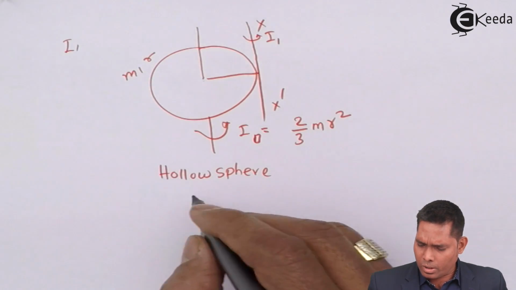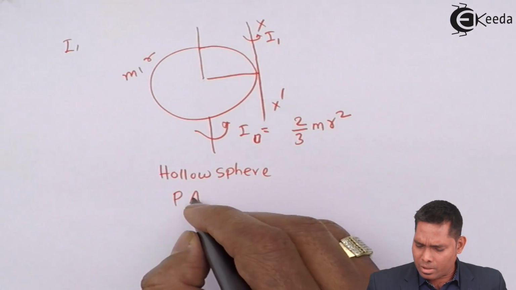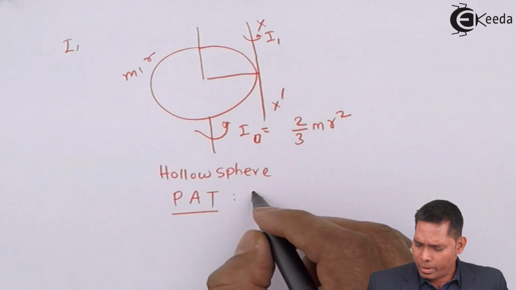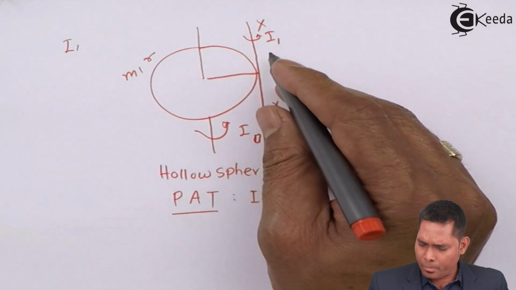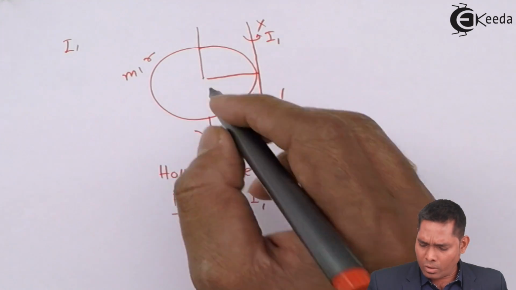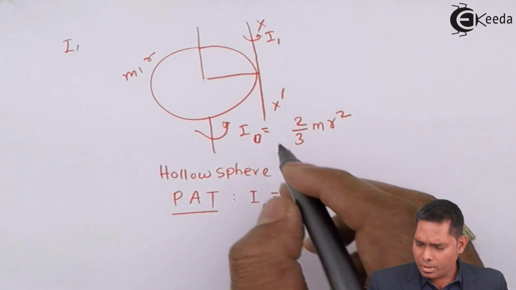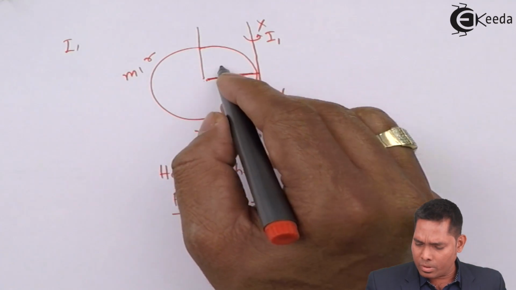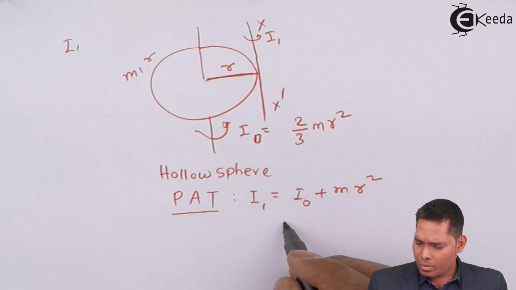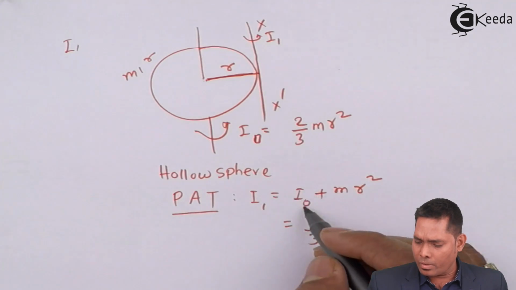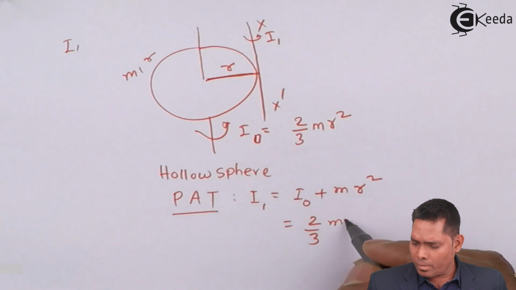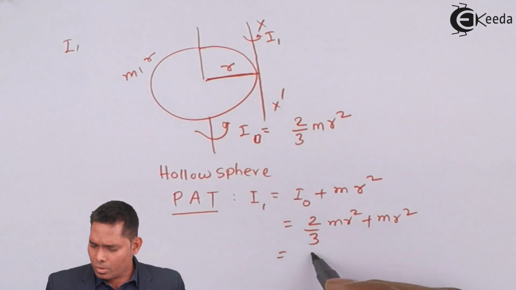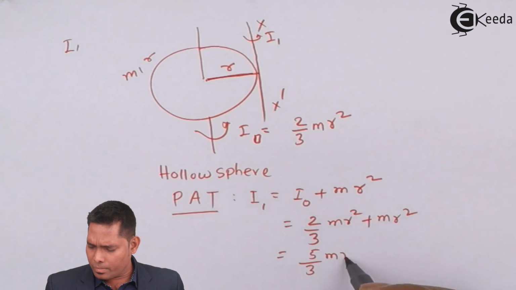So using the parallel axis theorem, the moment of inertia I1 will be I0 plus m h square, where m is the mass and h is the distance, which is r, so r square. So this is 2 by 3 mr square plus mr square, so it is 5 by 3 mr square.